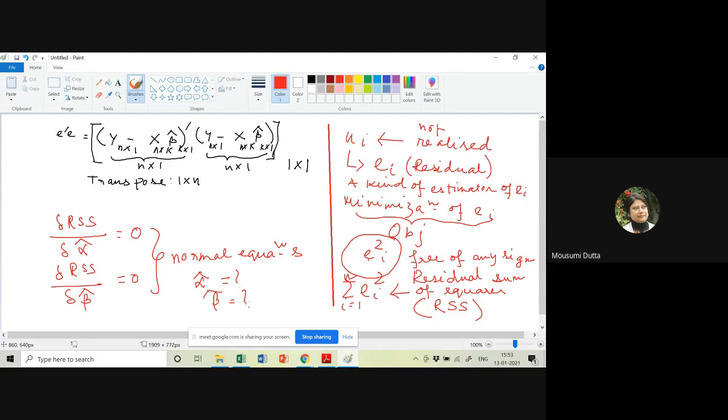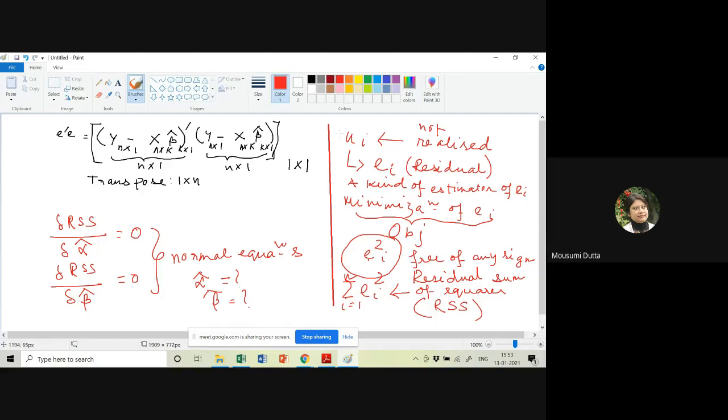So this I am trying to tell you. From error, first we define error, which is the difference between the observed value and the exact value. Now, there is some problem in realization of this error as it is a function of unknown parameters. Therefore, we move towards the notion of residual. Residual is yi minus yi hat.